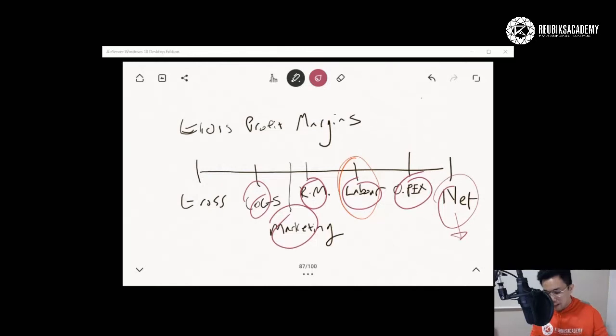If a one-man job can be done by a person, but you get two people to do it, obviously you're going to incur higher labor cost. If you can get a cheaper office but you want a more expensive one, obviously you're going to incur higher rental cost. So net income is important in determining whether the company is operating efficiently.